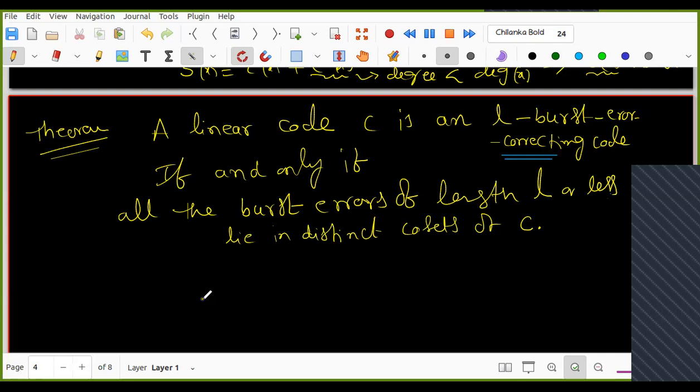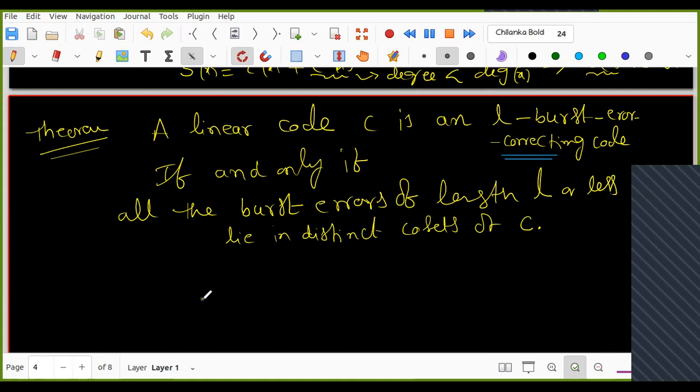The proof is also nothing actually. If all the burst errors of length L or less are in distinct cosets, then each burst error is determined by its syndrome, right? Then the error can be corrected through its syndrome. Done. That is the first part. The second part is, for example, B1 and B2 of length L or less in the same coset. Then B1 minus B2 is a code word. So then there is a problem.